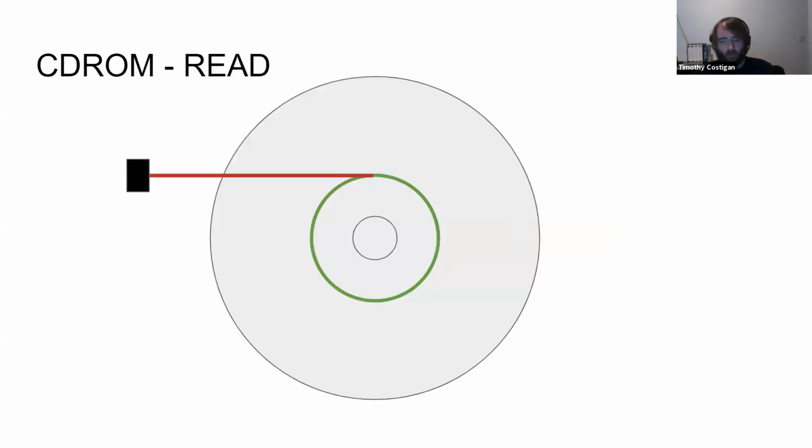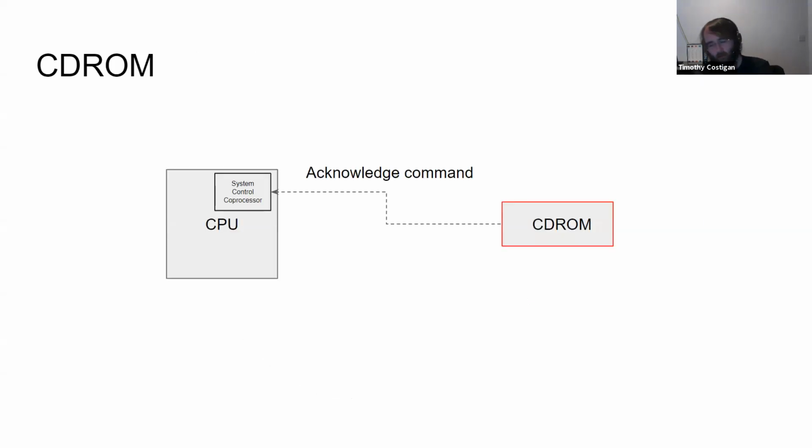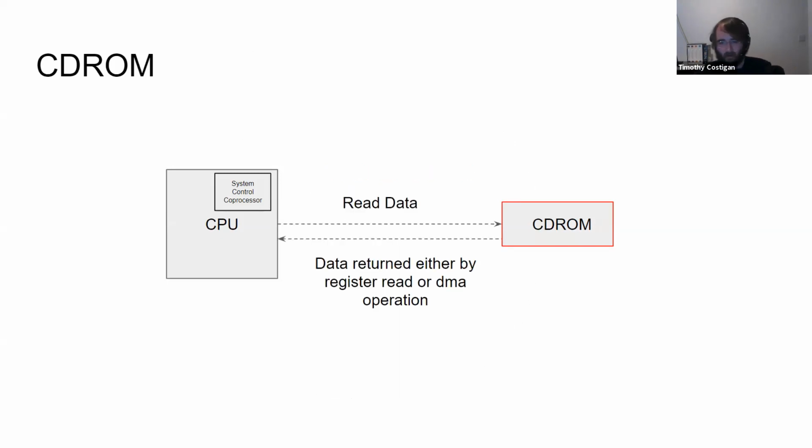It would then start reading off that data, and once it's finished, it would have acknowledged that command, and then it would confirm that it had read, and then it would spit back to the CPU the data. The data can either be read by accessing a memory mapped data register on the CD-ROM, or through a direct memory access operation, and that's generally how it was done, and I'm going to detail how they work in a moment.